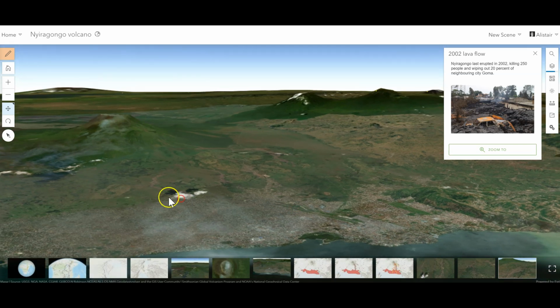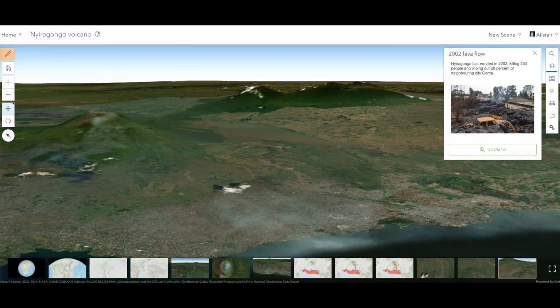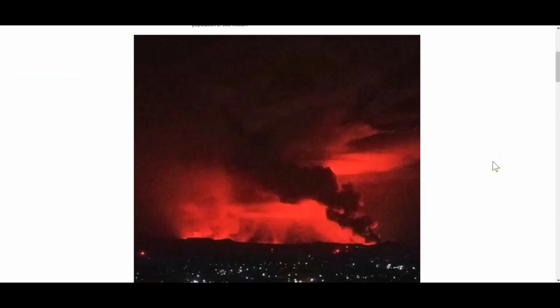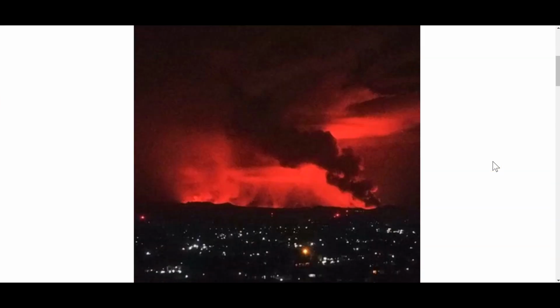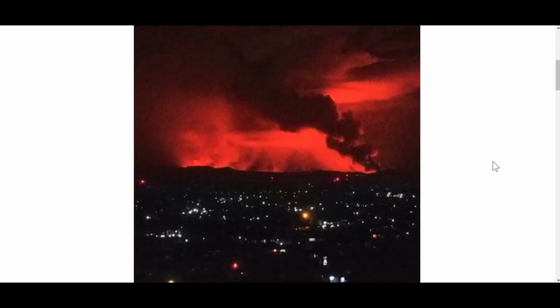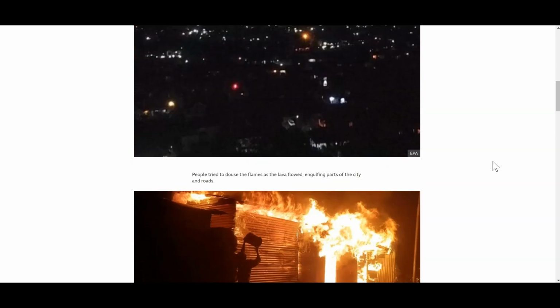Now, this erupted at night as well. You can just imagine the feeling of chaos and terror. These images coming in, hosted here on the BBC website, show the terrifying views of the lava flow coming down during the night.